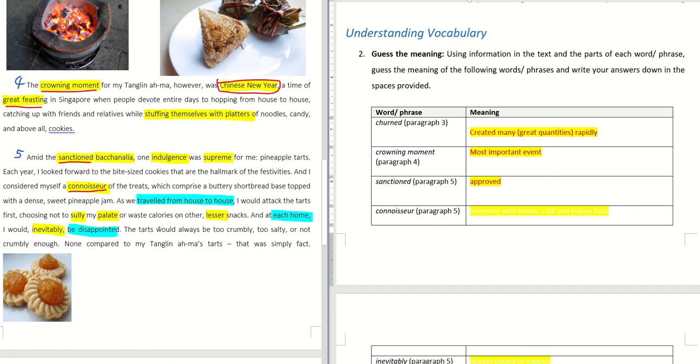Wow, she knows a lot about pineapple tarts, and obviously she enjoys them too. So what does connoisseur mean? Of course, connoisseur is a noun, a person who eats a lot, who knows a lot and enjoys food.